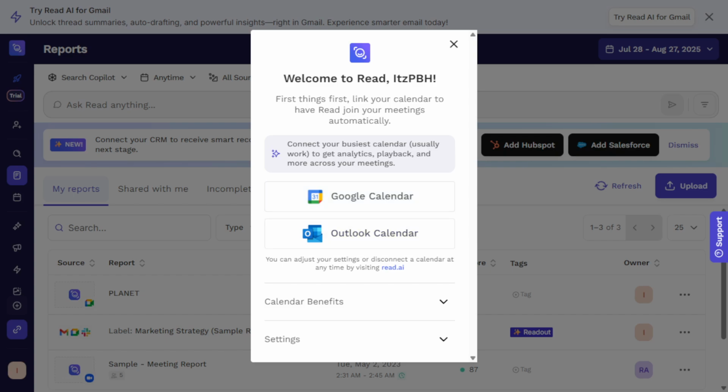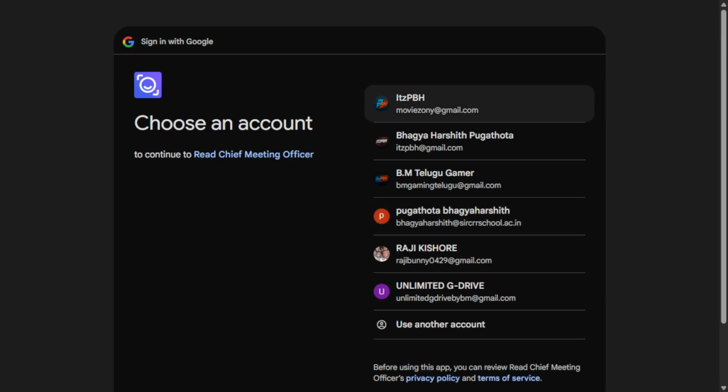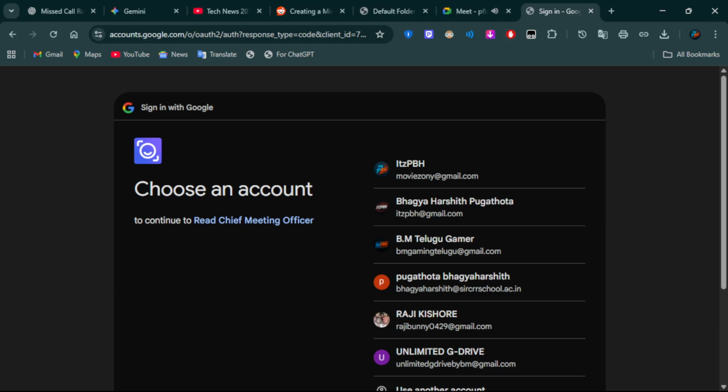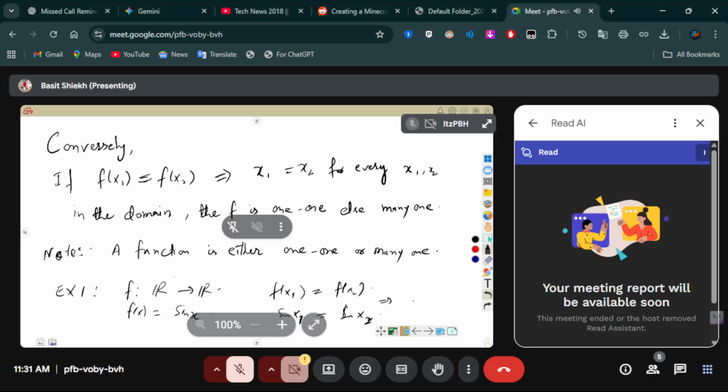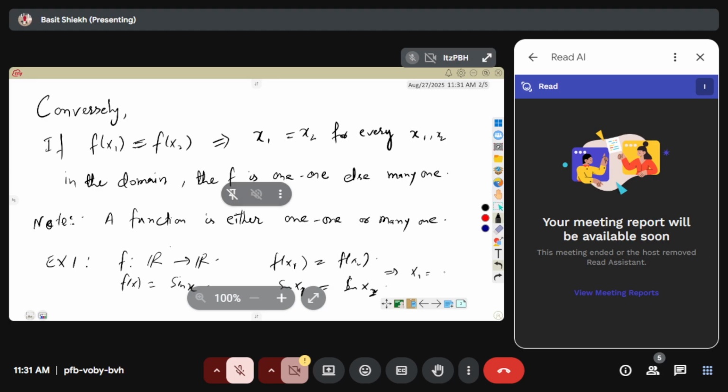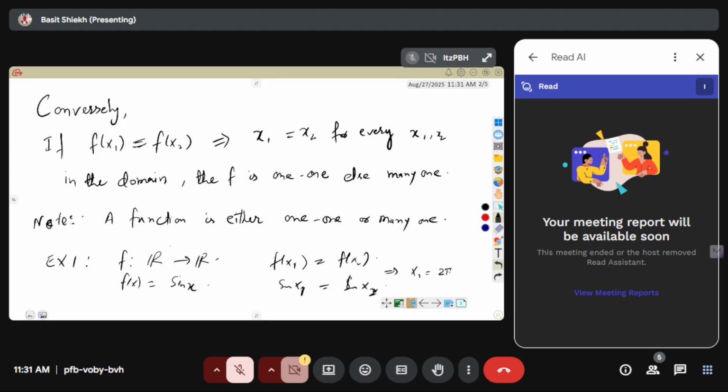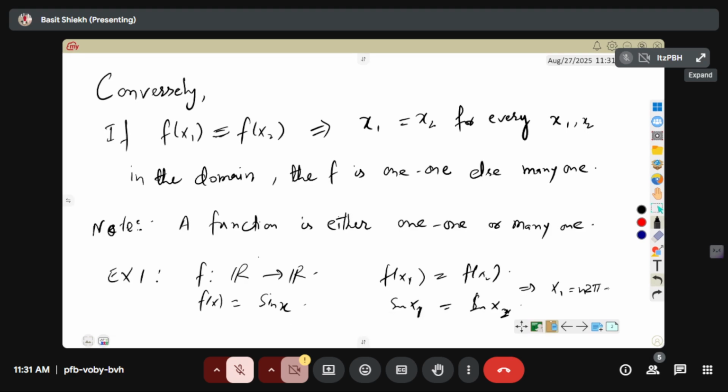Then sin x1 equals sin x2. Now this x1 and x2 should be only one element, but we will get here x1 equals n pi plus minus 1 to the power n x2, these many elements.